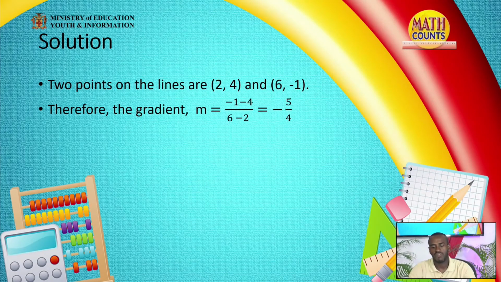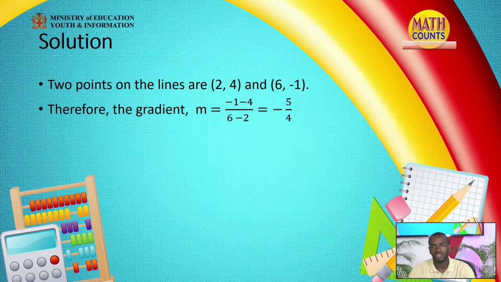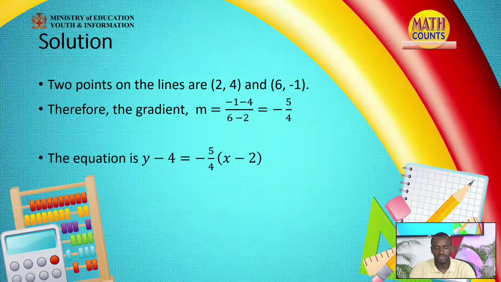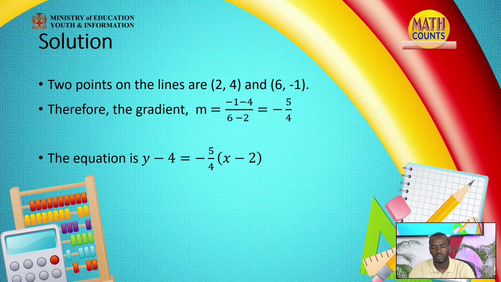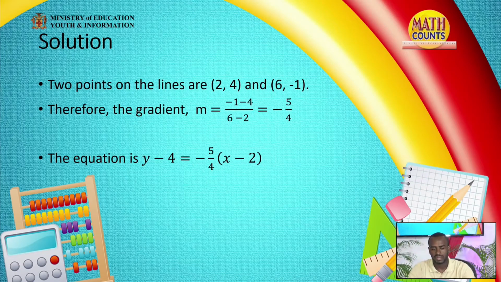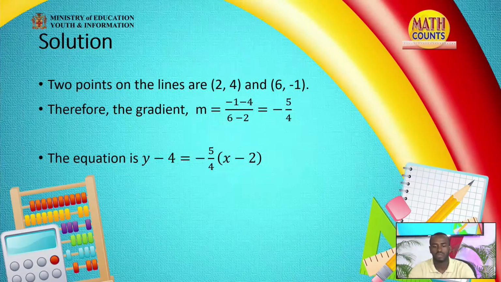Since we now have the gradient, we can choose to use the gradient point form. Remember that from the gradient point form, you can use any of the points along with the gradient. And in this case, we choose to use the point (2, 4).